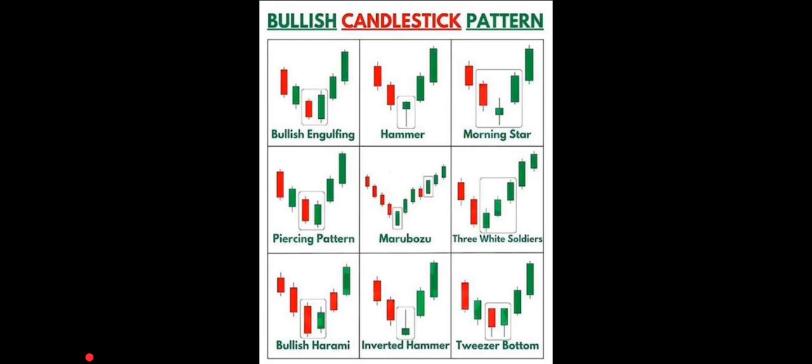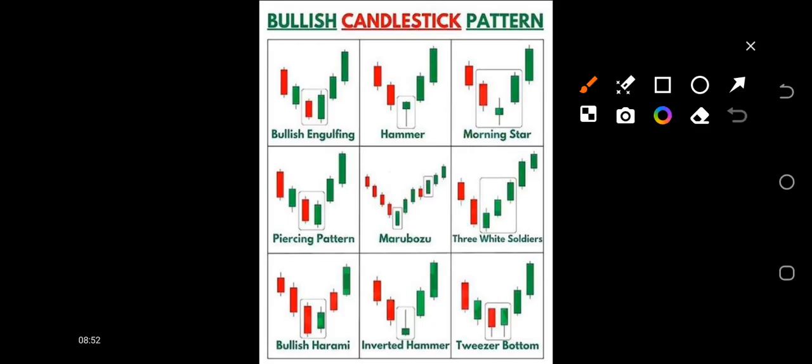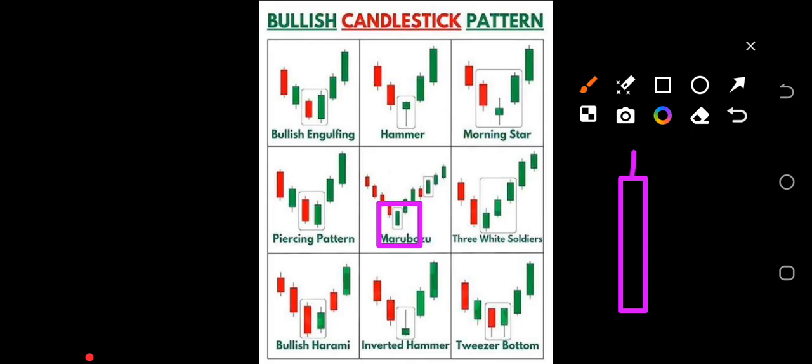Now we have a Marubozu candlestick. I think I've talked about this in our previous class. Just this one candlestick is called a Marubozu candlestick: a perfect candlestick, straight like this, without an upper wick.